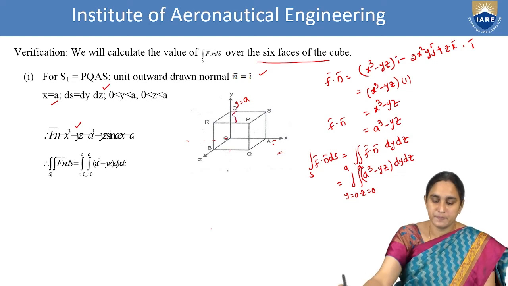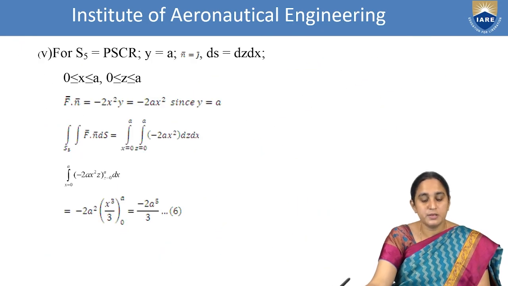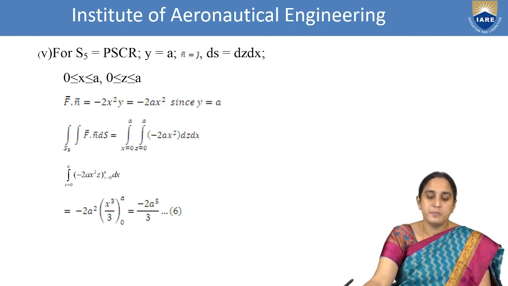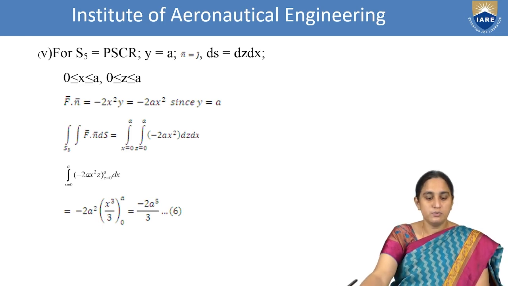J bar. Okay, now I'm using the conditions for the fifth phase, that is S5 is equal to PSCR and y is equal to a and n bar is equal to what? Outward unit normal vector as J bar and ds is equal to what? Dz dx. Therefore, x limit points here 0 to a and the z limit points also 0 to a.